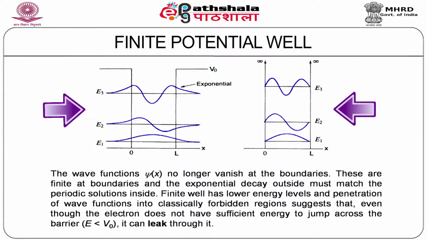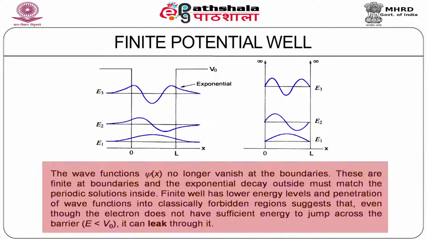If you cut off V0 to a finite value, then the wave functions will look like what is shown on the left-hand side of the figure. So let me just read out what is written on the screen. The wave function psi(x) no longer vanishes at the boundaries.